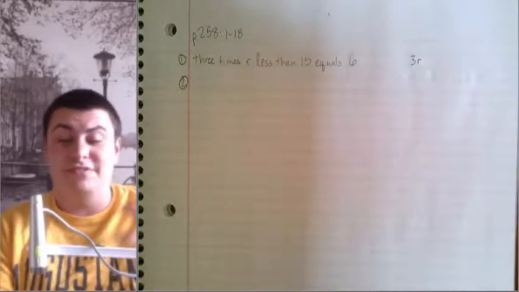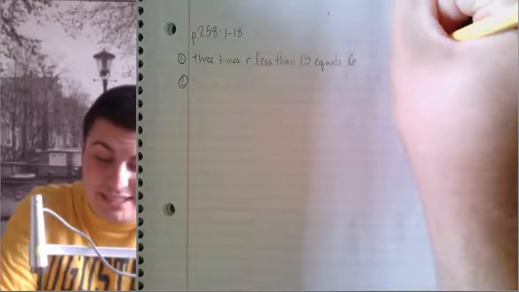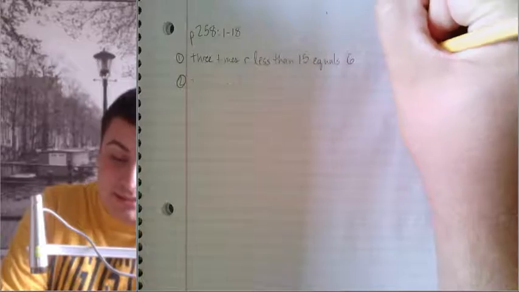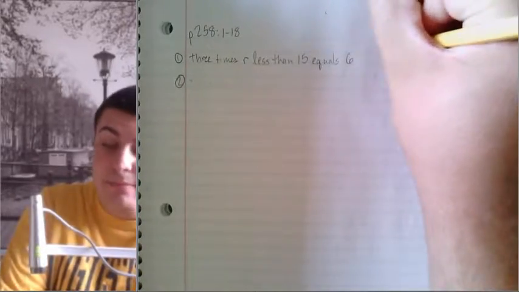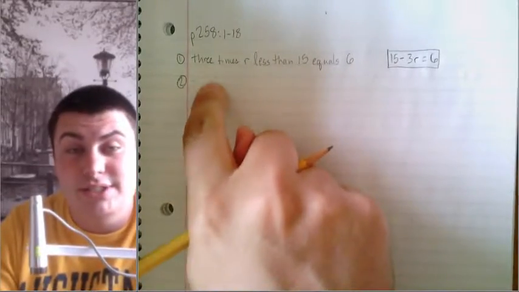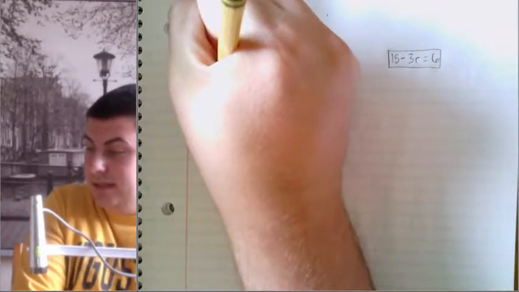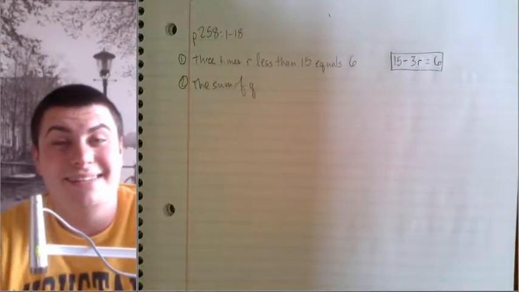So we start with 15 and it's this much less, so 15 minus 3r equals 6. Remember, we're writing our original equation, so then we'll skip a line, we'll give us some space. Number 2, the sum of q and yada yada yada. You get the rest. Have fun.